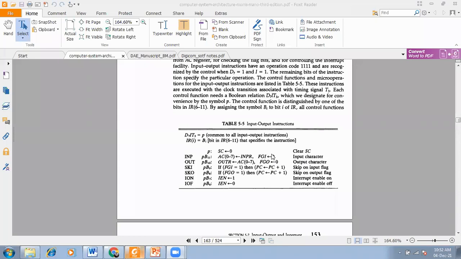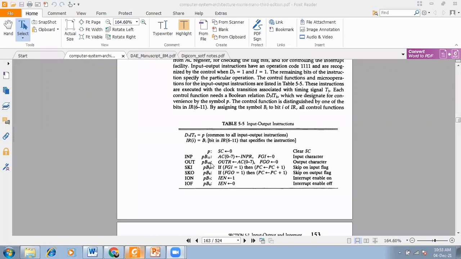Until and unless you make FGI 0, you can't take the data from the keyboard to the INPR. So that's why FGI is going to 0.